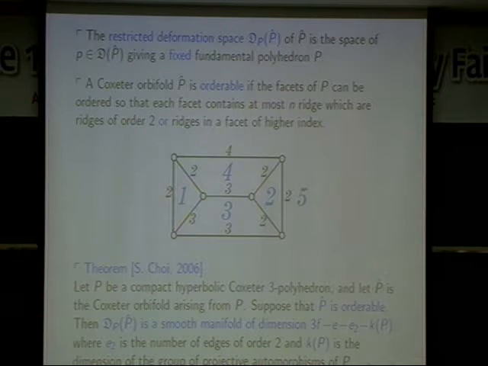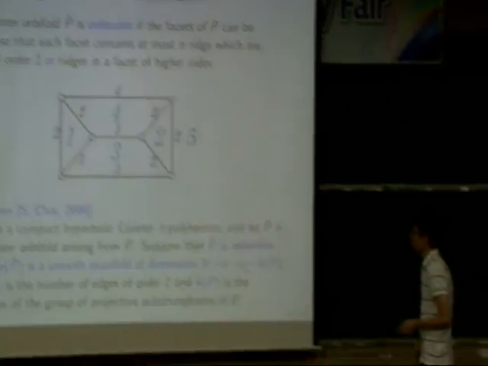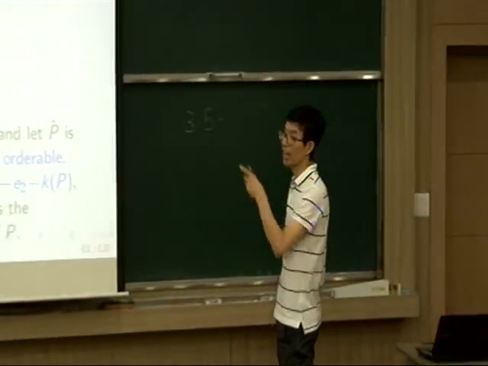Suppose P hat is orderable, like this example. Then the restricted deformation space is a smooth manifold of dimension 3F minus E minus E2 minus KP. Here E2 is the number of edges of order 2, and KP is the dimension of the group of projective automorphisms. In this case, KP is 0. Okay, so what is F? F is 5, and the number of edges is 9.